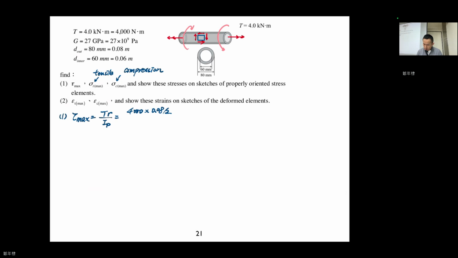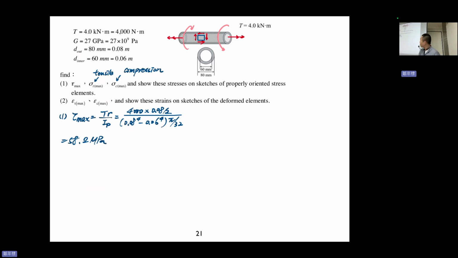And IP is (0.08^4 minus 0.064^4) times pi over 32. Okay, so that equals 58.2 MPa. All right, so you have 58.2 MPa.